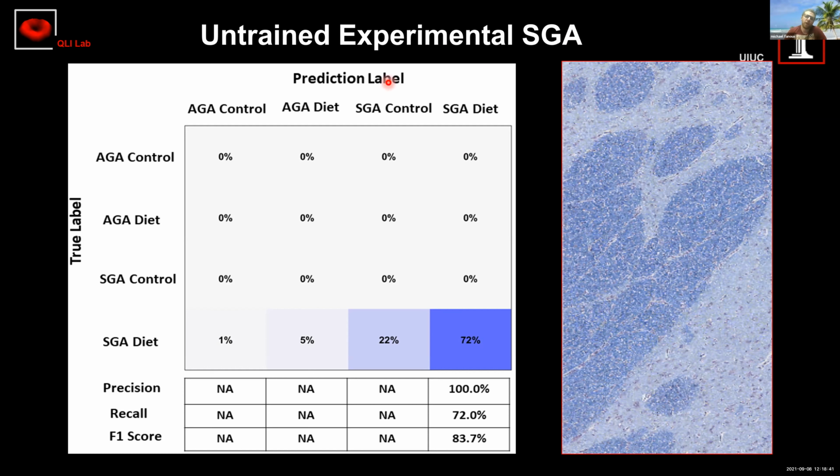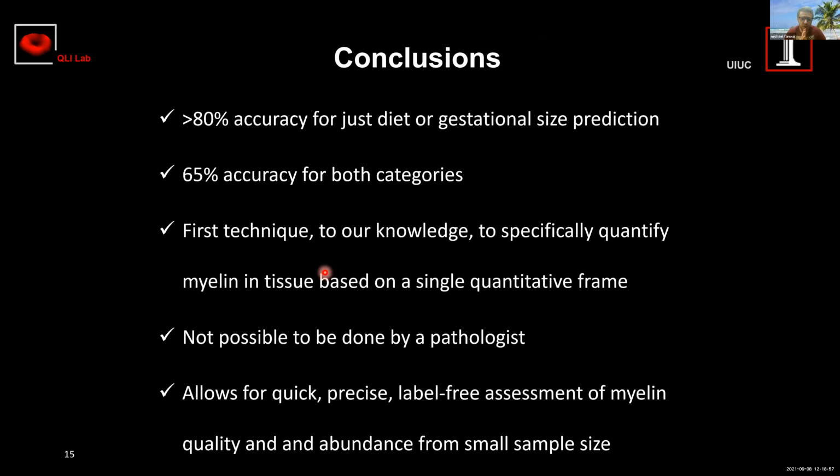So if you look here, SGA, control SGA, diet, this is a confusion matrix. You just add these two together and you get an accuracy of 94%, fairly good. If you do the diet, it's slightly less, it's about 77%, but still interesting. And as far as we're concerned, this is a tremendous success because again, this is not even remotely possible for a histopathologist of the first rate to achieve.